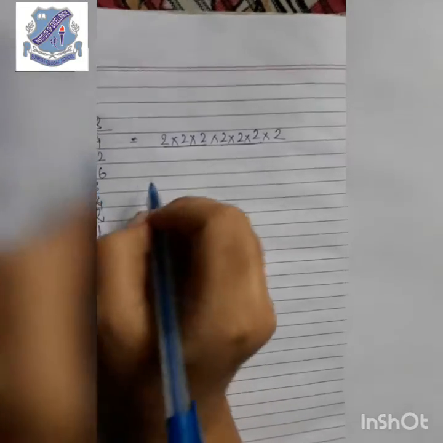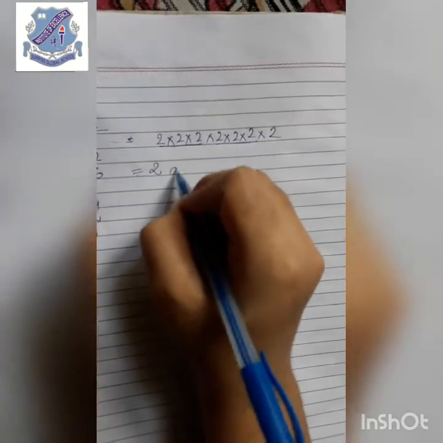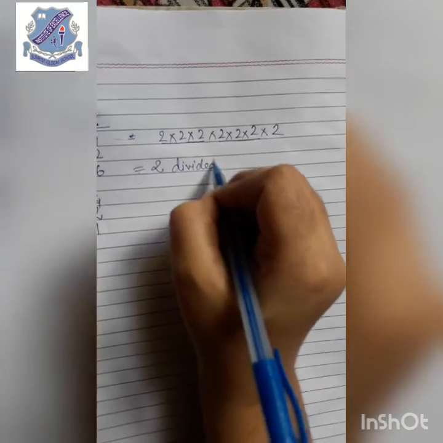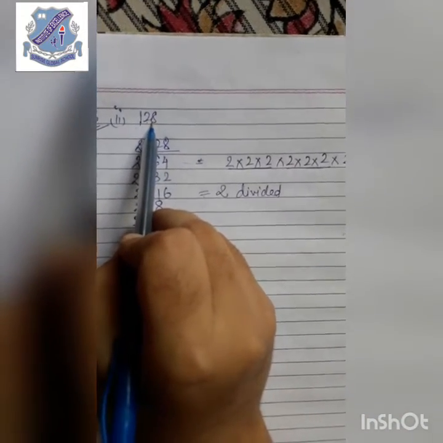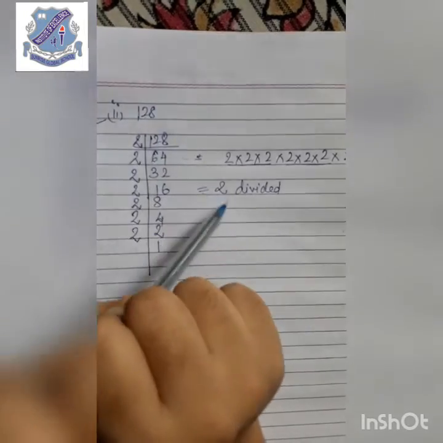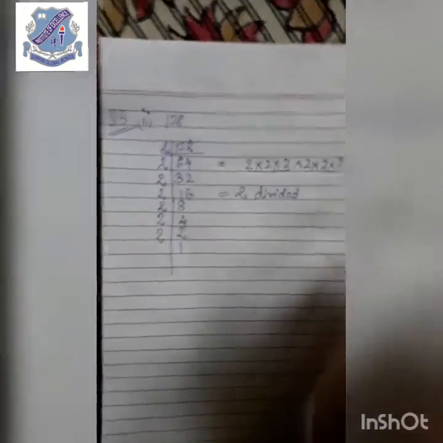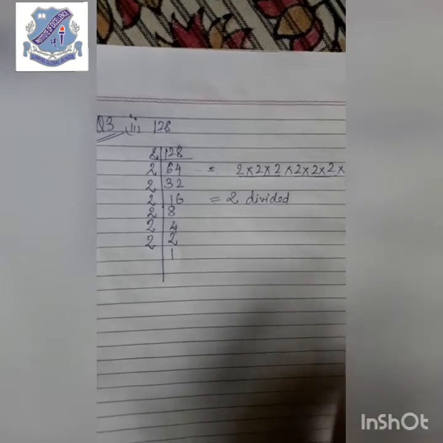So this number 2 will be divided in order to get 128 as a perfect cube. So when you divide 128 by 2, you will get a perfect cube. I hope this much is clear to you.